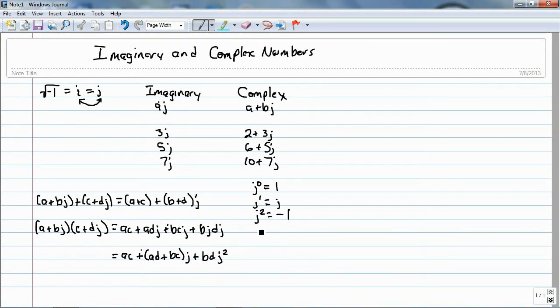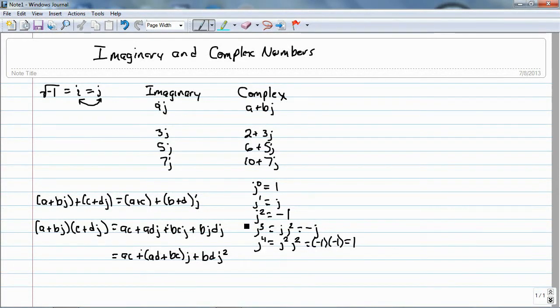Now, J to the third is going to be J times J squared, and J squared is -1, so that's -J. J to the fourth is J squared times J squared, and -1 times -1 is equal to 1.